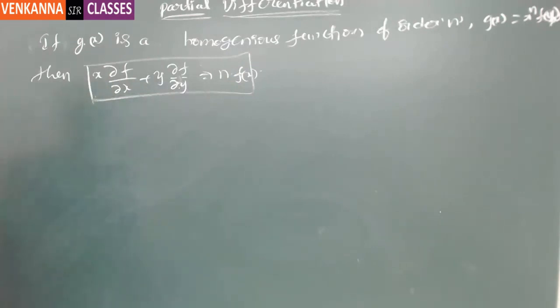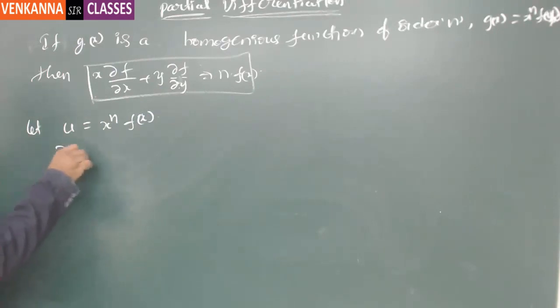Here let u be equal to x power n into f of y by x. Then dou u by dou x: what is the derivative of this with respect to x?